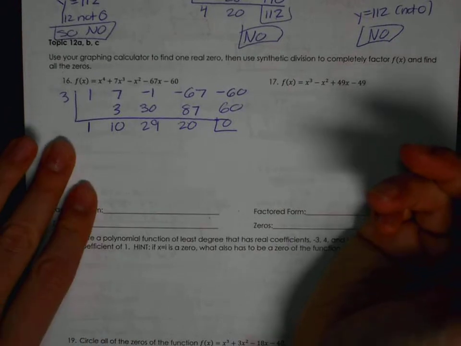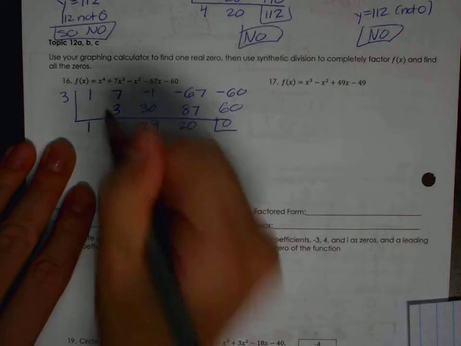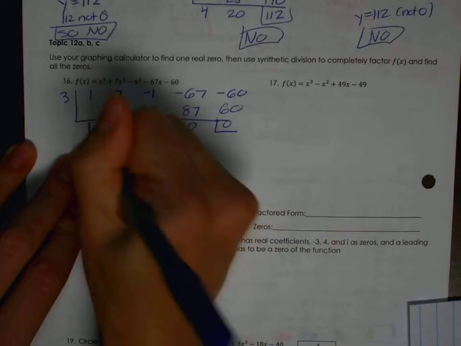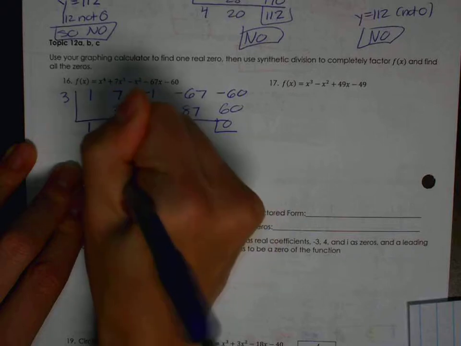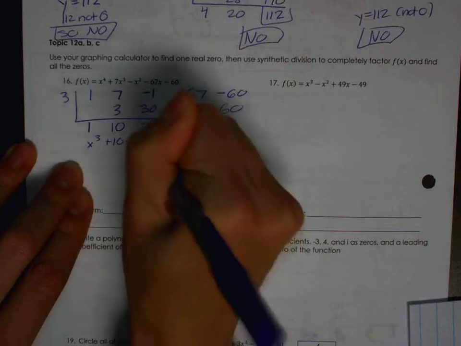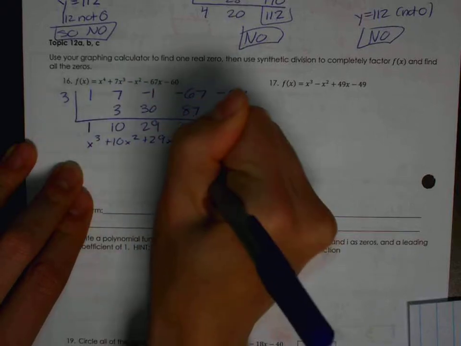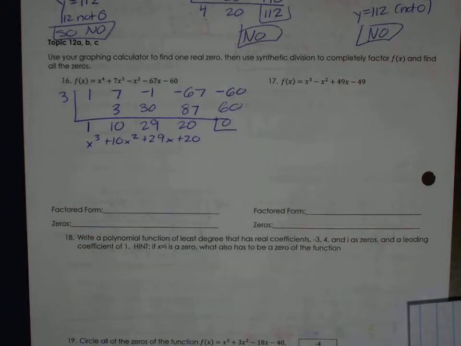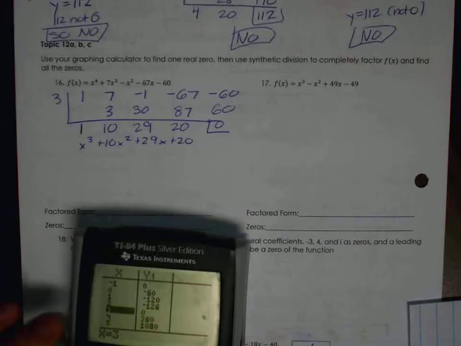All right, so now I need to keep going. Remember that this is x to the fourth. So this means x to the third plus 10x squared plus 29x plus 20. So we need to find another 0. So we can put this in our calculator.